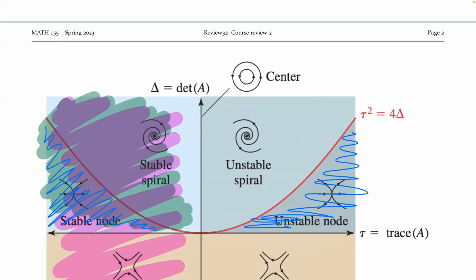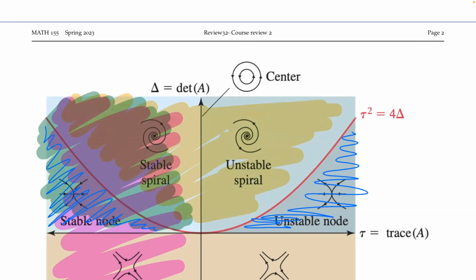The reason being, if you can't remember which way around it is, tau squared minus 4 delta tells you whether your eigenvalues are real, in which case it's positive. If it's negative, then you have complex eigenvalues. You can only have oscillations if you have complex eigenvalues, okay? So tau squared minus 4 delta being less than 0 means that you must be in this region here, because this is the only region where you have some sort of oscillations going on.